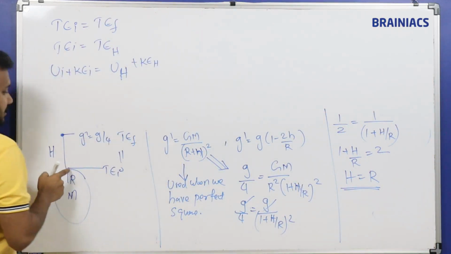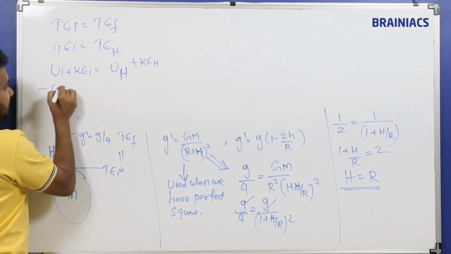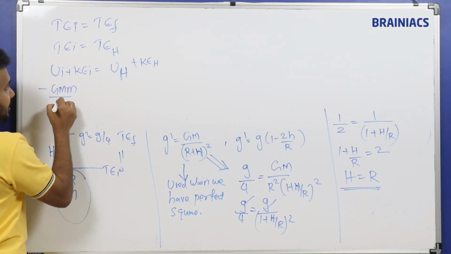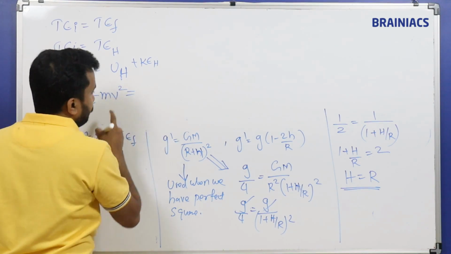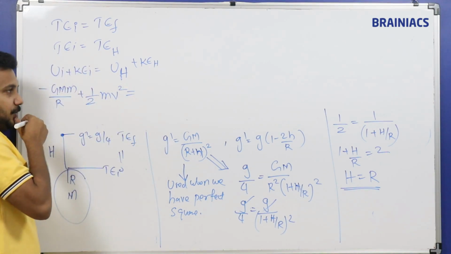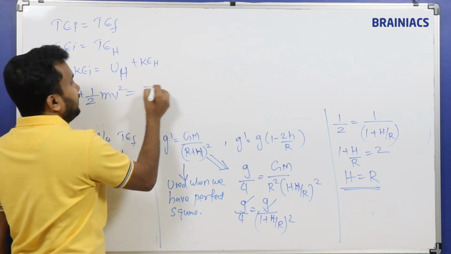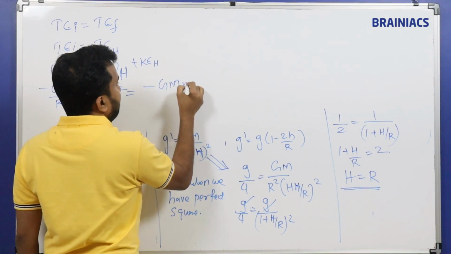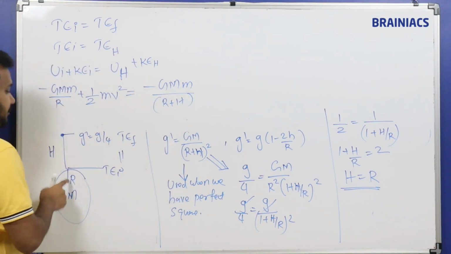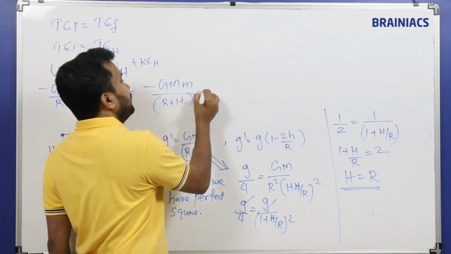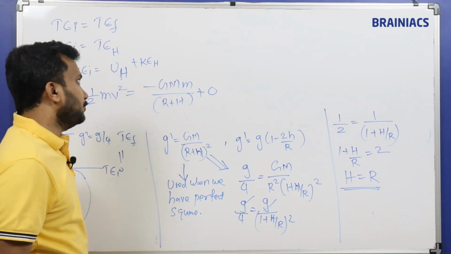Then what is the potential energy at the surface? Minus G M m divided by r, plus kinetic energy half m v square, is equal to, v is the velocity they told in the question, and at a height h, minus G M m divided by r plus h, the total distance from the center, and kinetic energy at maximum height is equal to 0.